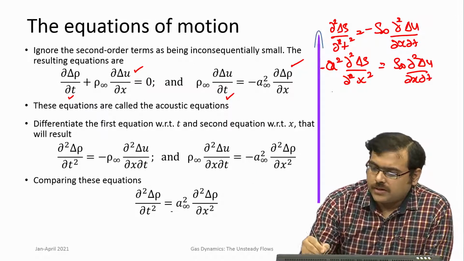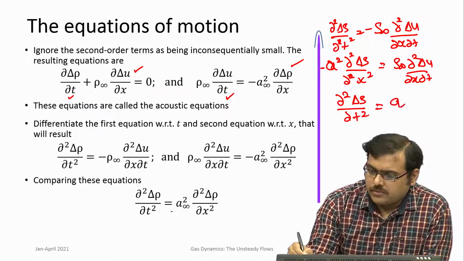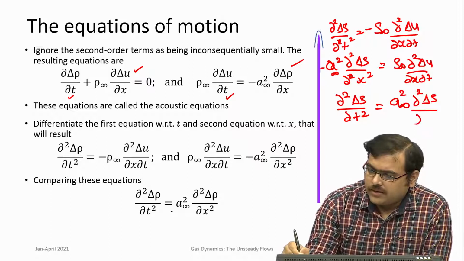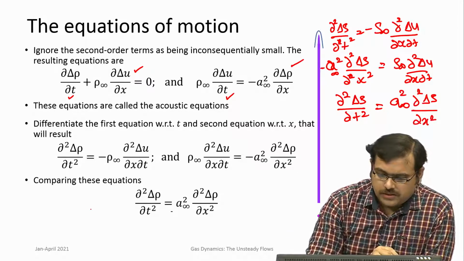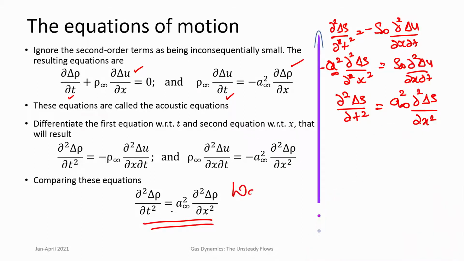Comparing these two equations, you get ∂²(delta rho)/∂t² equal to a infinity squared ∂²(delta rho)/∂x², which is what is written here as nothing but a wave equation.